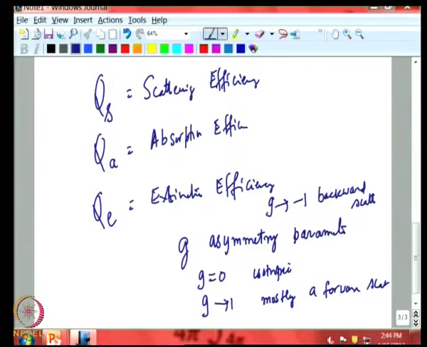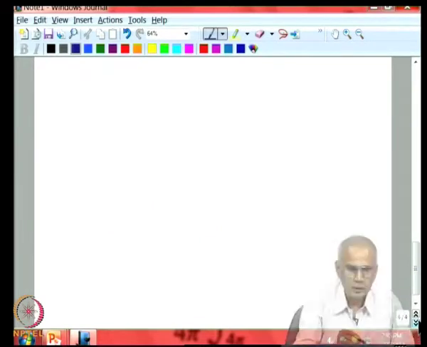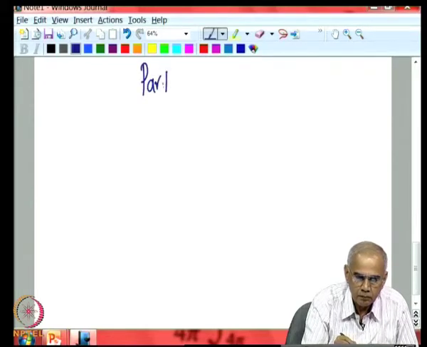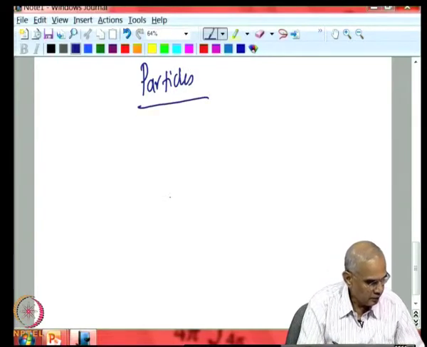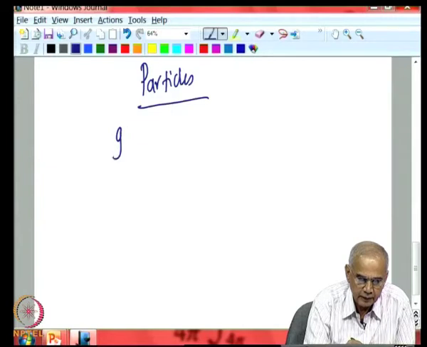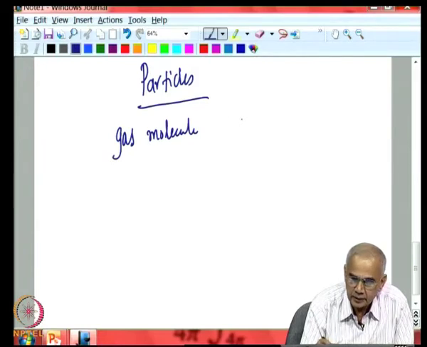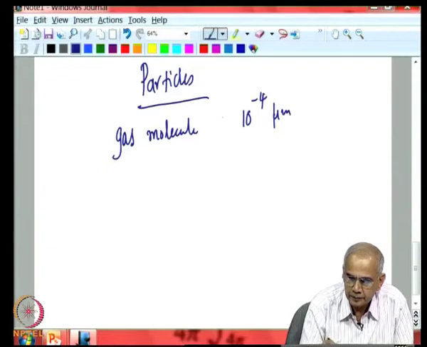Now, let us look at typical sizes of particles that we encounter in various situations. The kind of particles we encounter are, of course, gas molecules, which are always there and scatter radiation, but their size is less than 10 to the power of minus 4 micrometers.